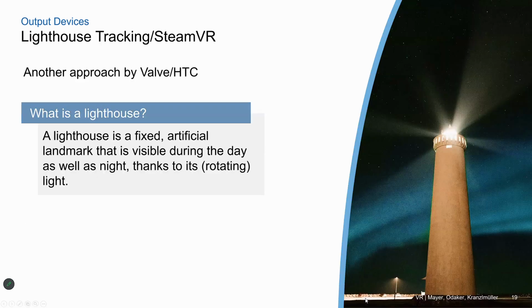It's called SteamVR tracking because it is developed by Valve and is what SteamVR mainly uses. The code name for the SteamVR tracking is Lighthouse tracking. So that's what it was called when it was developed by Valve and HTC in 2015. And it uses a different approach to tracking, and we will have a look at that now.